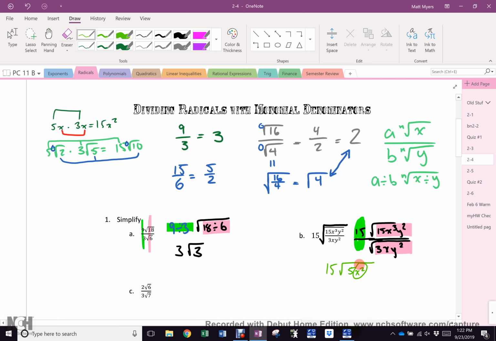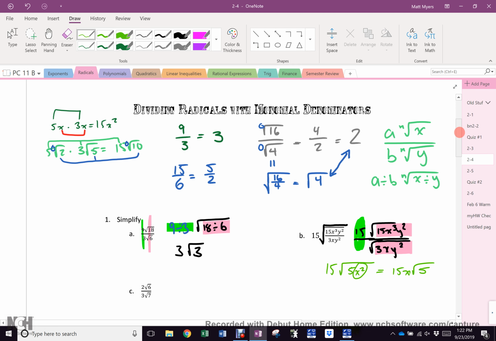Because that x squared is coming out to get 15x root 5. Are we all good? It's just dividing like we've been doing since the 3rd grade when Mrs. Bad Crumble first gave us 9 apples in our group of 3 and asked you to give everybody the same amount of apples. Right? Okay.